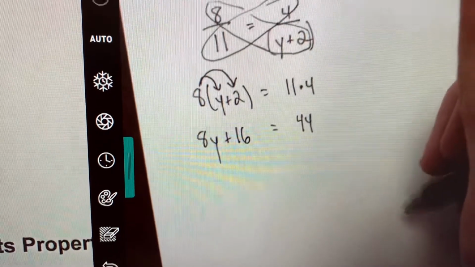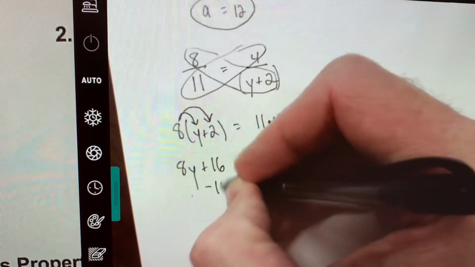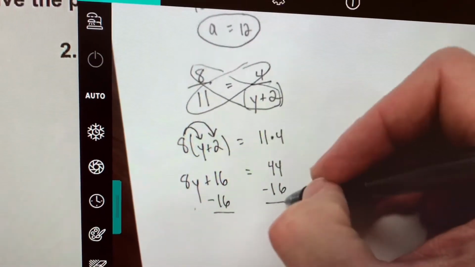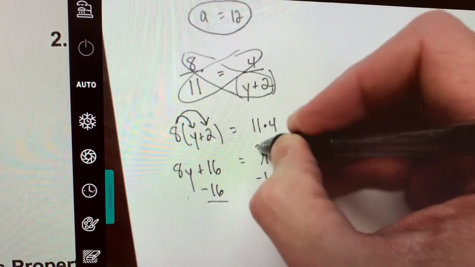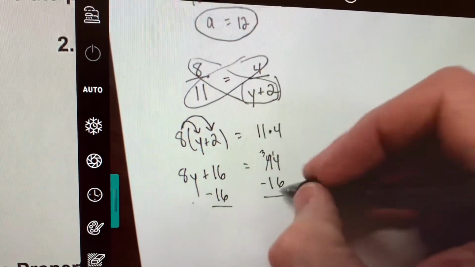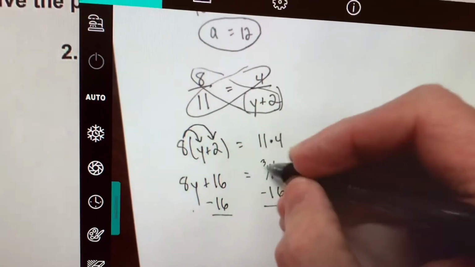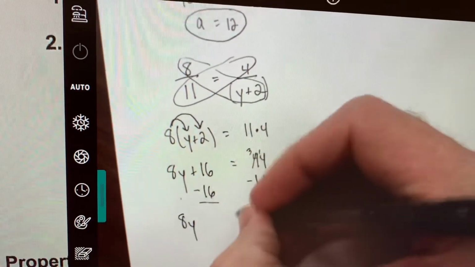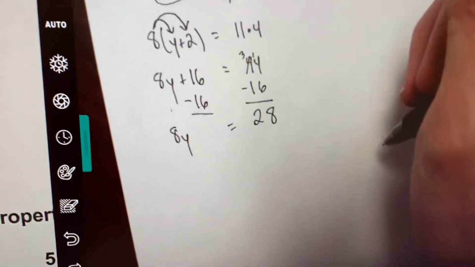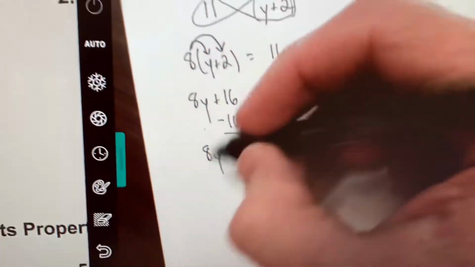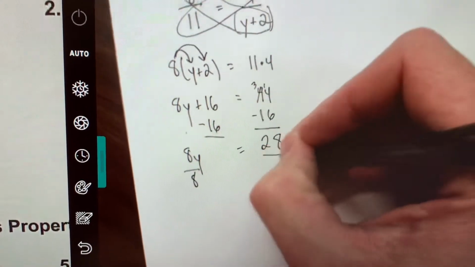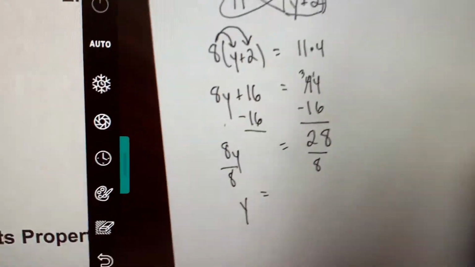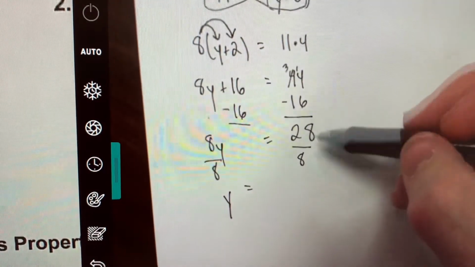I want to get the y alone, so I'm going to subtract the 16. This is a multiple step equation. Can't do 4 minus 6, so I make this a 3. 14 minus 6 is 8. 3 minus 1 is 2. And now I have 8y equals 28. This one's not going to work out nicely, but it's a good practice problem. I'm going to divide by 8, and this gives me y equals 28 divided by 8.